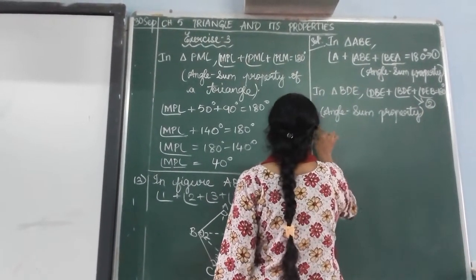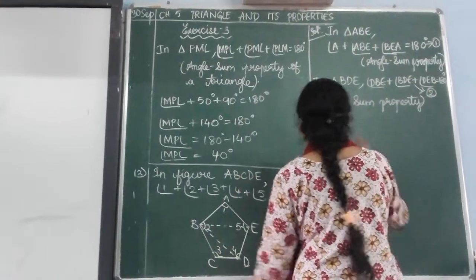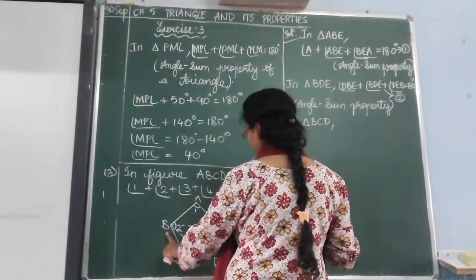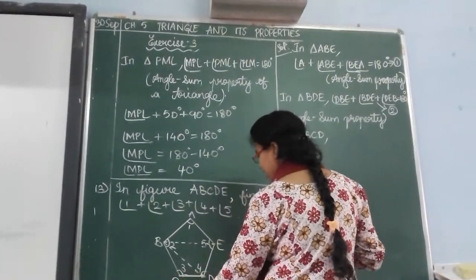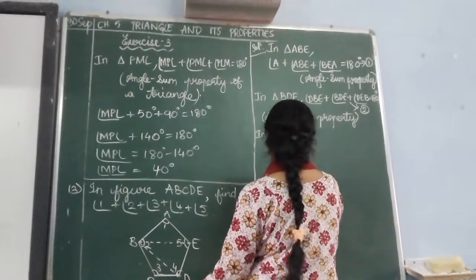Next, let us take the third triangle, which is BCD. In triangle BCD, I can see that for angle C, there is no need of writing 3 letters. I will take it as angle C directly.